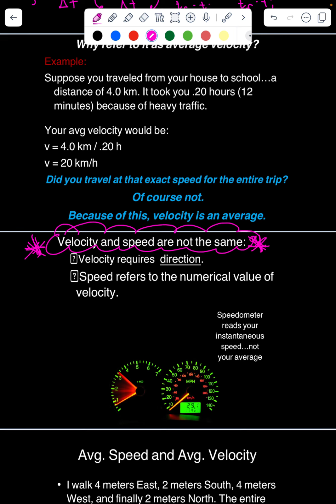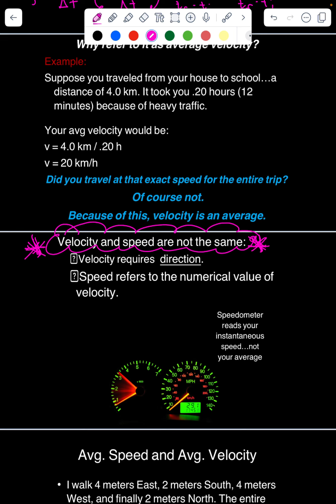If you are going in a straight line and you're not changing direction, then yeah, your numerical values for speed and velocity are going to be the same. You'll just put a direction with the velocity. But if you change direction even the slightest bit, then they will not be the same anymore. Velocity has to have that direction.